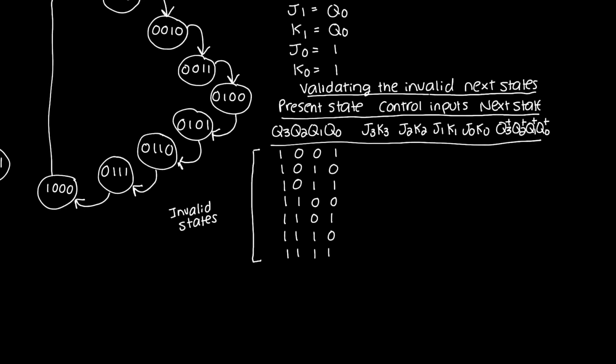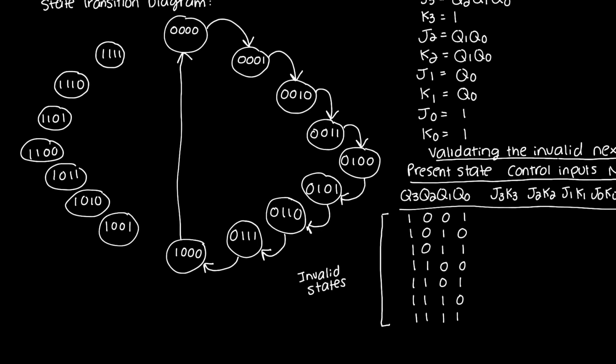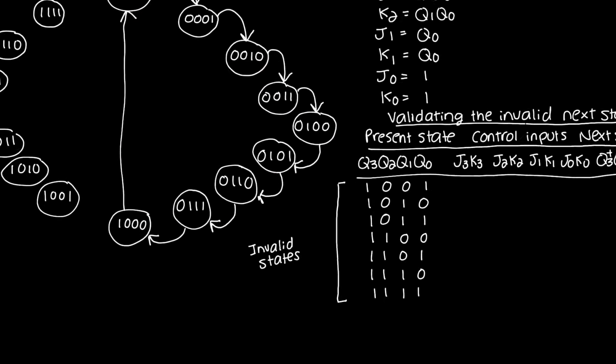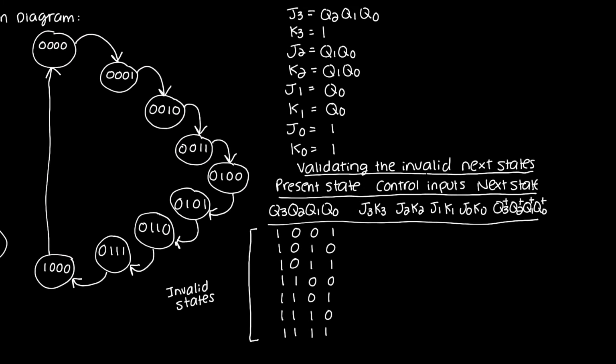If you look at the state transition diagram, once I'm in here, I'm fine. If I'm in any one of these states, I will just continue to loop from one state to the next for all of eternity. But I want to make sure that if I power on my counter and find myself in any one of these states, I have some way to get back into the valid counting sequence.